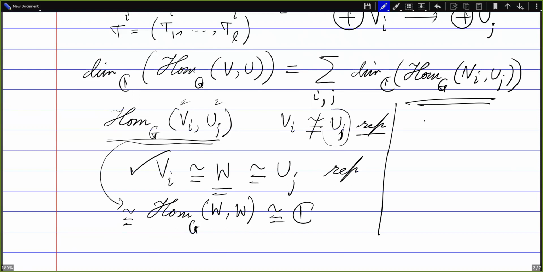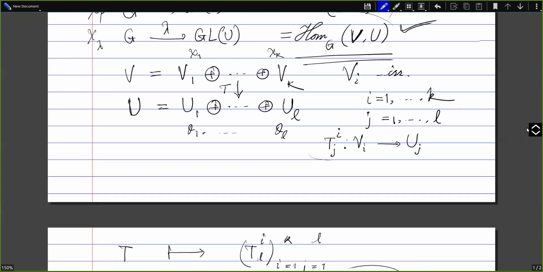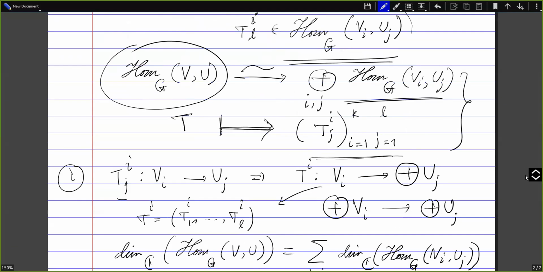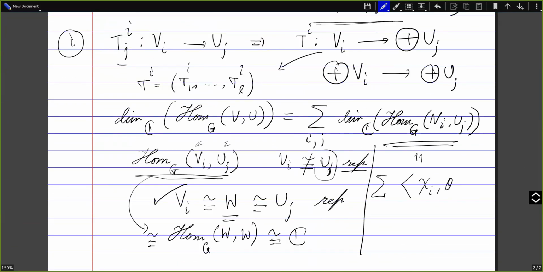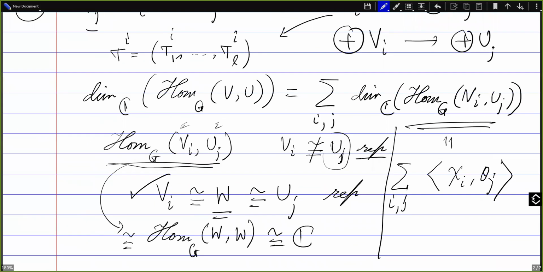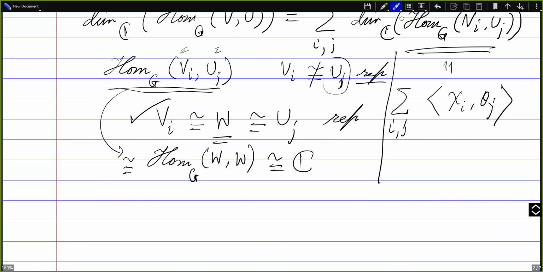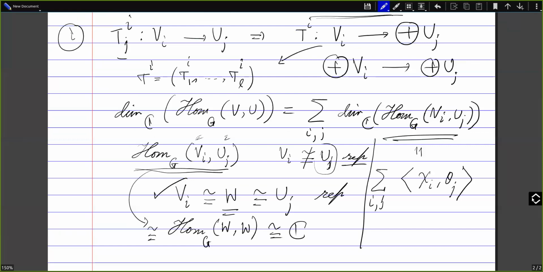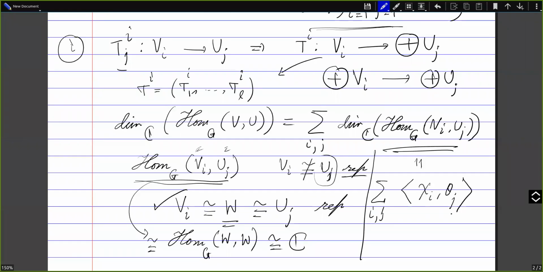Now it's easy to see that this is nothing but the inner product of chi_i and theta_j, right? Because if they are non-isomorphic, then this will be 0. If they are isomorphic, they will be the same, so the inner product will be 1.